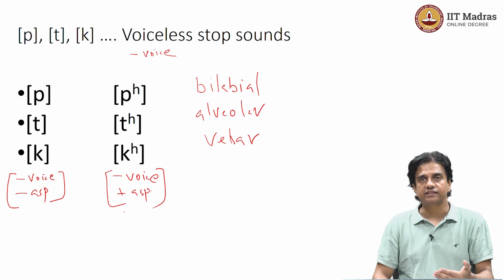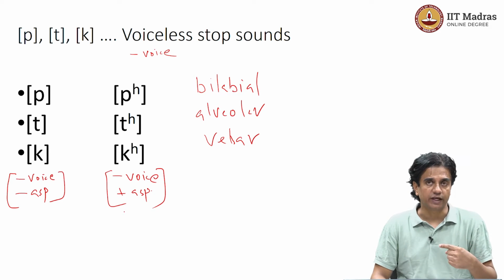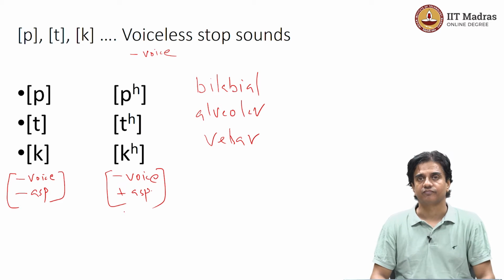We have done this exercise and talked about these things, but today we are going to look at our discussions one more time and go slightly deeper into understanding how aspiration works.